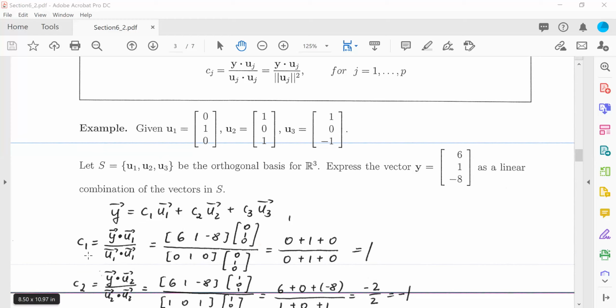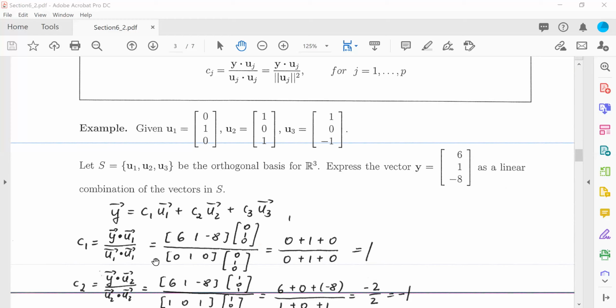And now c1 is computed according to the formula we calculated before. So it's y dot product u1 over u1 dot product u1. So we take vector y, transpose it, and then multiply times vector u1.